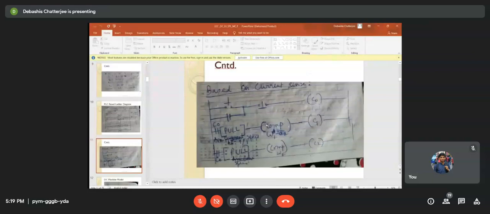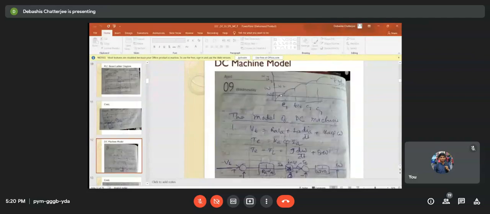Omega 5 is the end speed or rated speed. So I can wait till my speed omega 1 is reached, then omega 2 is reached, like that. Based on the stop button, C0 will go.